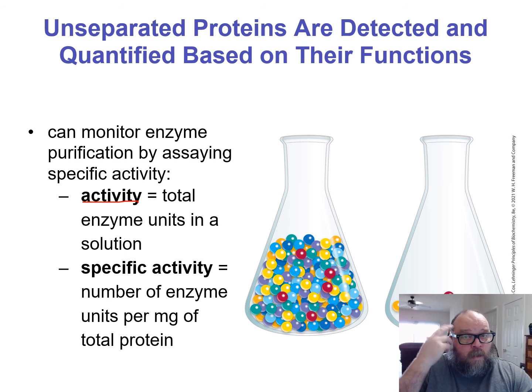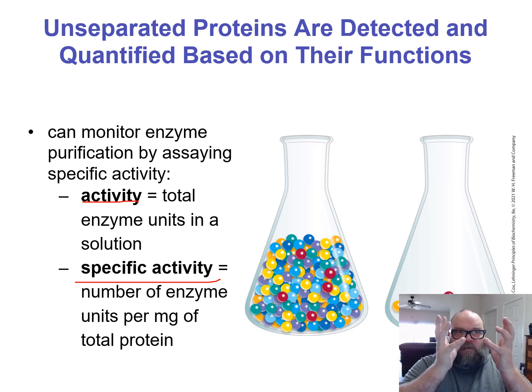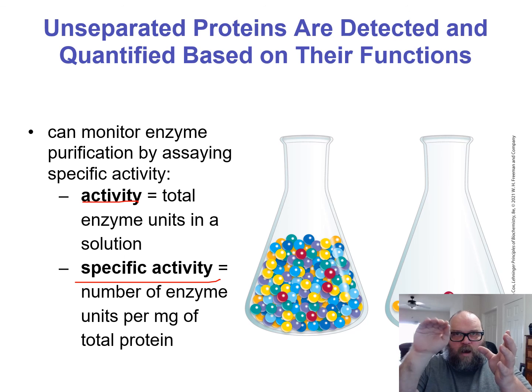In our minds, we're logically saying more substrate to product means more of that enzyme has to be there, thus activity. Our specific activity is out of the total amount of protein there. Our enzyme is one of the thousands, so our activity is going to be here.